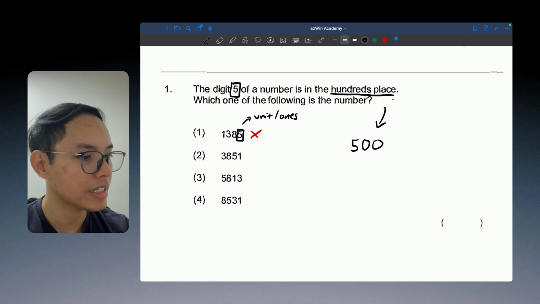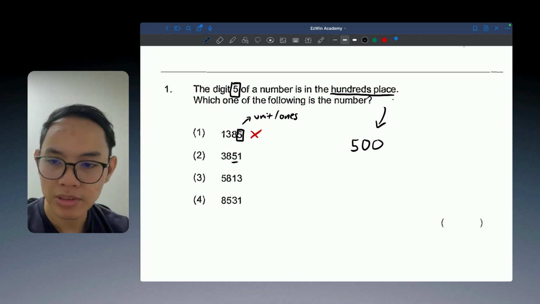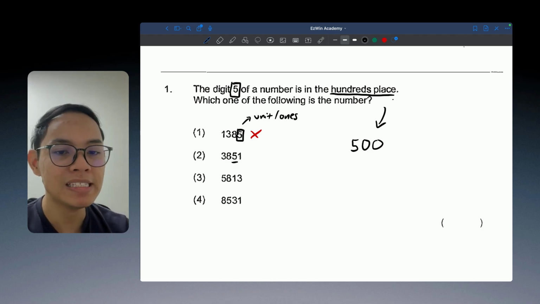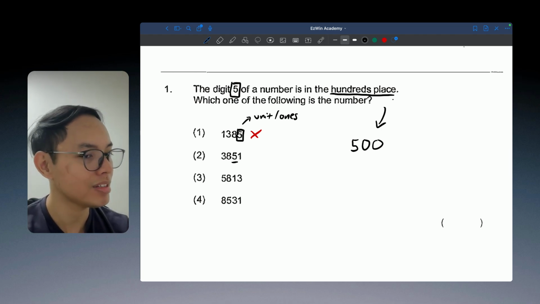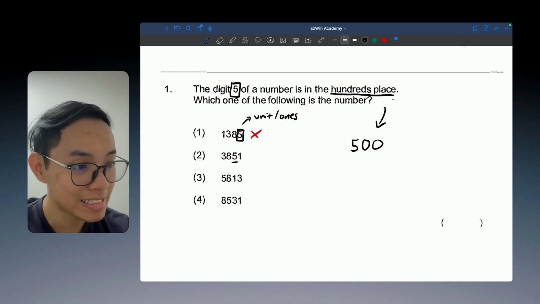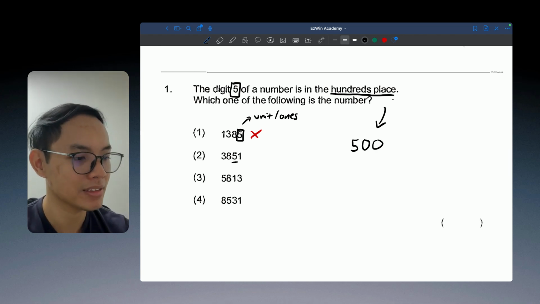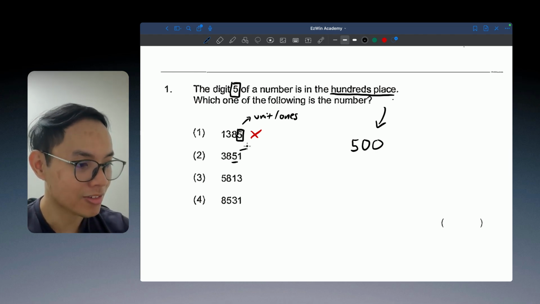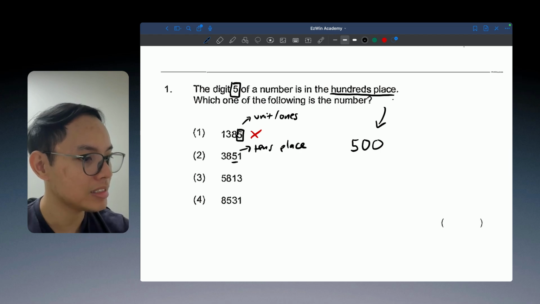So you also can see the digit 5, but what place is it? Is it in the hundreds place or is it in the tens place? The answer is tens, the tens place. But is it in the hundreds place? No. Then that means it shouldn't be number two.